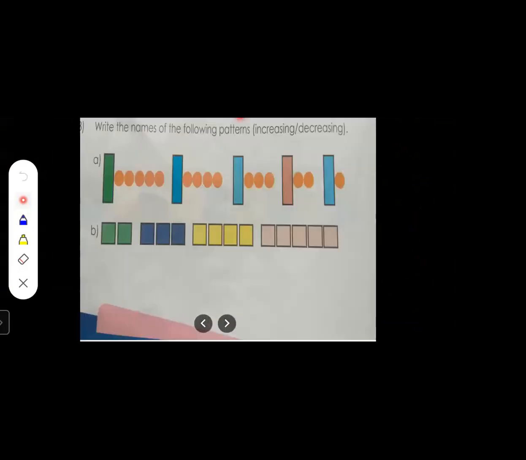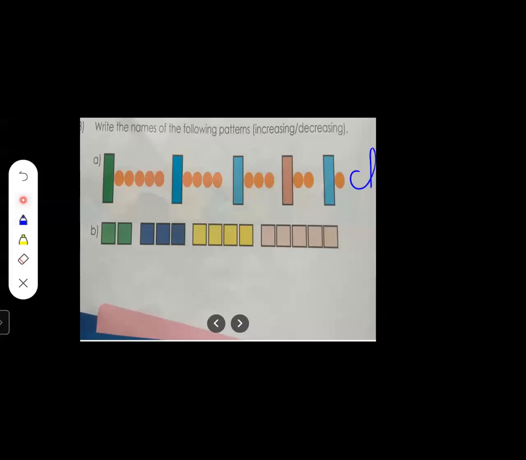Now let's move further to the next one. See, here we have to find out which order it is, right? So see, here we are going to count this: 1, 2, 3, 4, 5. Then 5, 4, 3, 2, 1. So bigger to smaller means which order, students? It means decreasing order. So here I am writing D for decreasing.